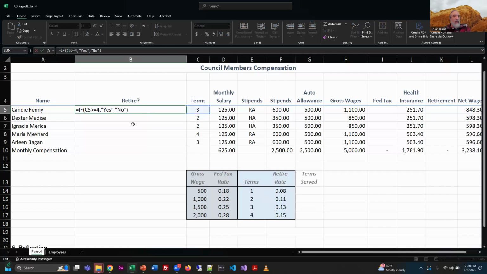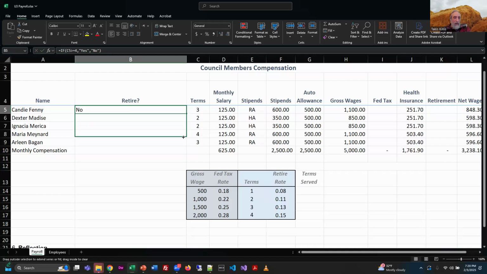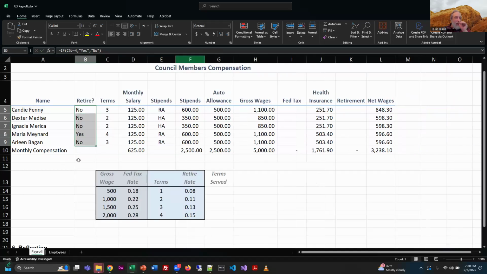So once again, there's the formula. I'm going to copy that down, and then resize my column. So are they ready to retire? Looks like Maria's ready to retire. So that was step 1.